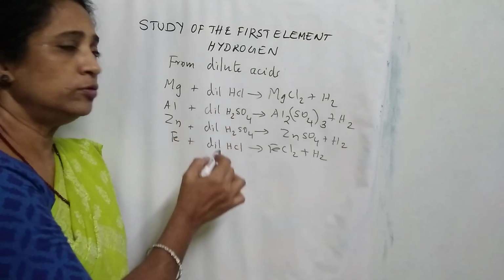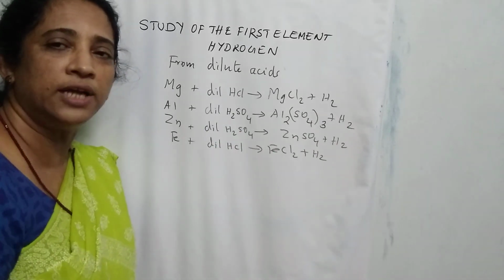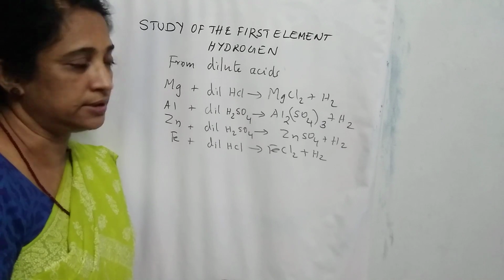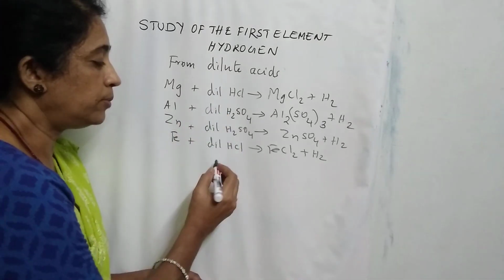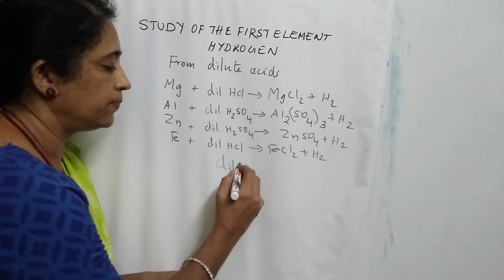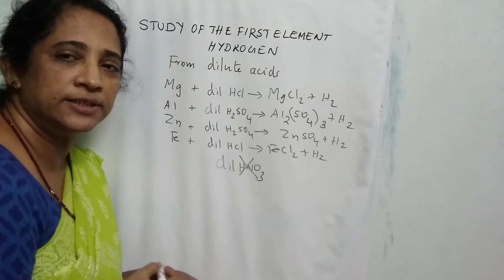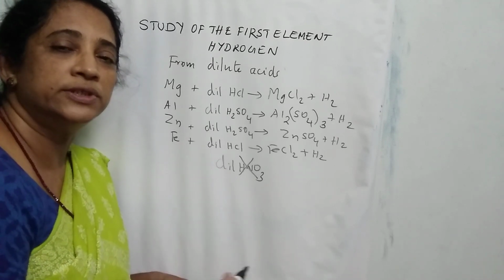So here we use mineral acid, dilute hydrochloric acid or dilute sulfuric acid. But there is one more acid, which is dilute nitric acid. Dilute nitric acid cannot be used in the preparation of hydrogen. Why? Because dilute HNO3 acts as an oxidizing agent.